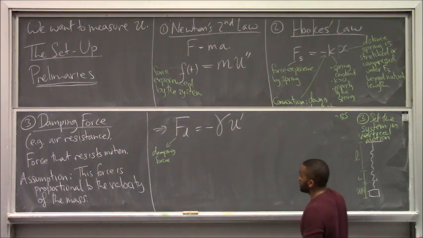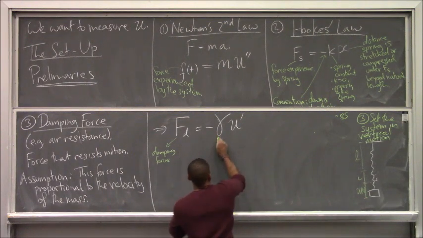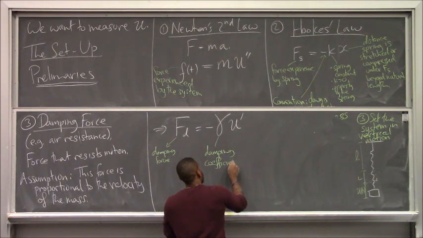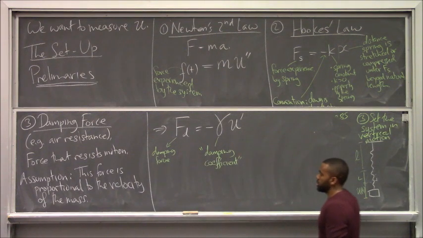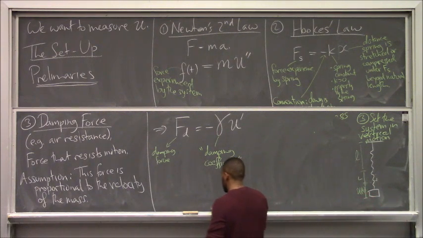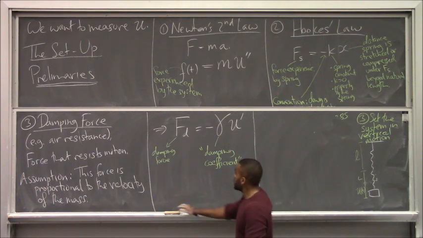So it's proportional to the velocity, but it moves in the opposite direction of the velocity. And the gamma here is called the damping coefficient. It's just a measure of how much the fluid is resisting motion at this velocity. Okay, so that's something else that's going on.